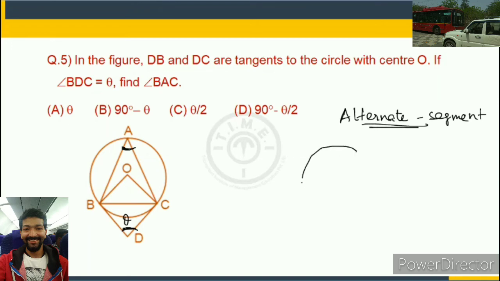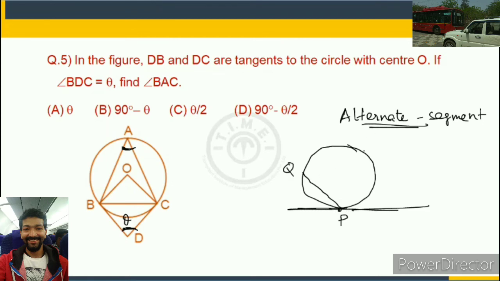If you have a circle and there's a tangent drawn to the circle. That tangent, obviously, that's the property of a tangent, would touch the circle at one point. Let that point of contact be, say, P. From that point of contact, you draw any chord, say chord PQ.